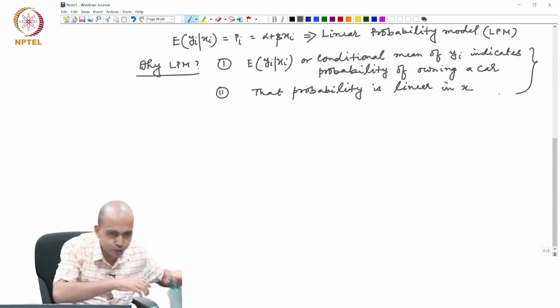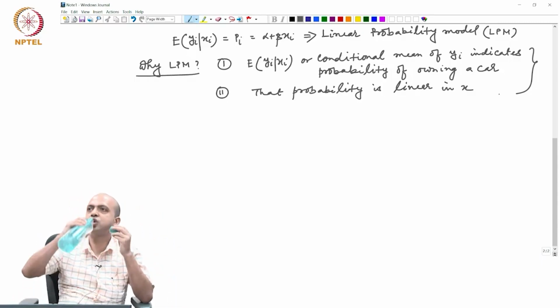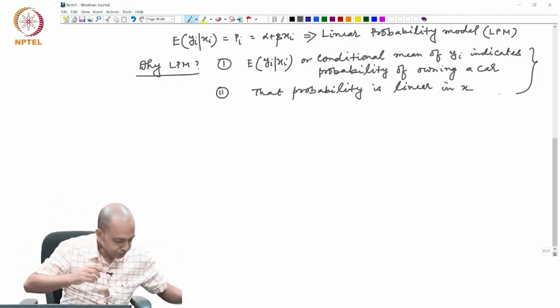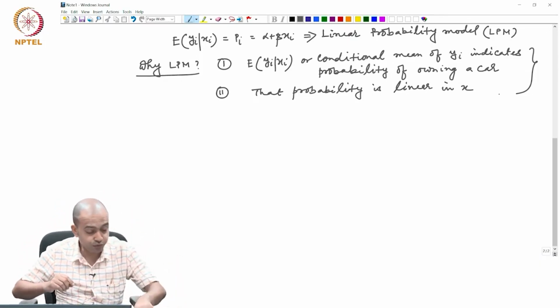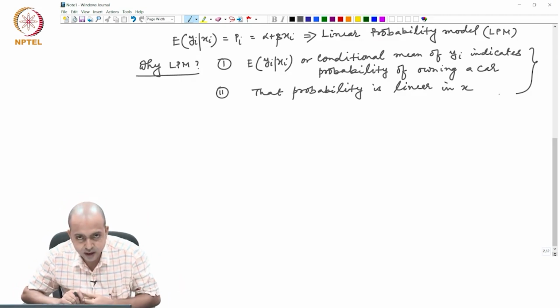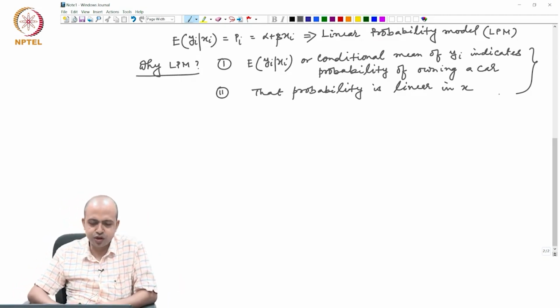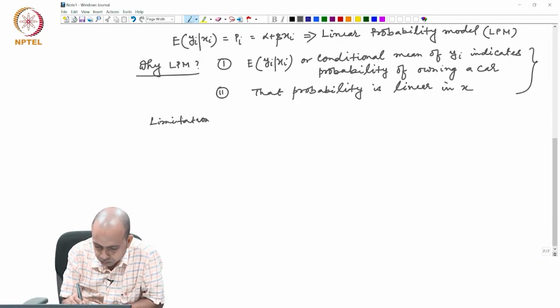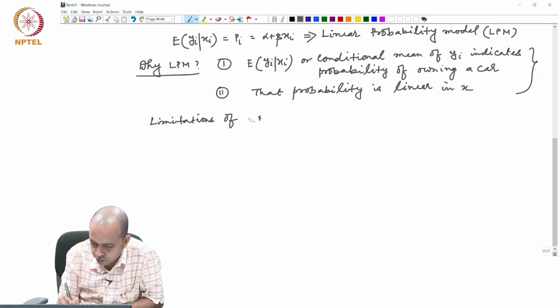Now, though this linear probability model is the starting point of the qualitative response models, it has some limitations. What are the limitations of LPM? Can you think of?